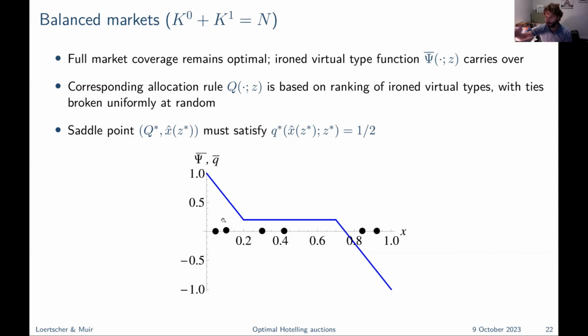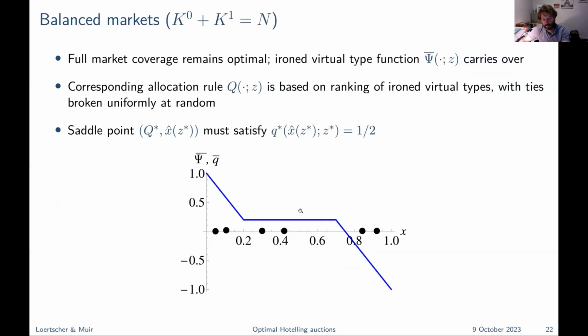So the agents submit reports, and the way we have it here, we have two agents who bid below the ironing range, two agents in the ironing range, and two agents who bid above the ironing range. And it still has to be the case that the interim expected allocation, when you submit the report in the ironing range, is equal to 1/2, so as to get these 50-50 lotteries.